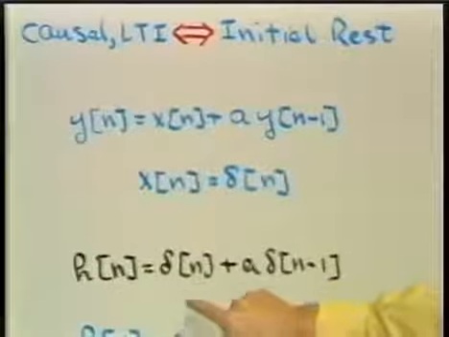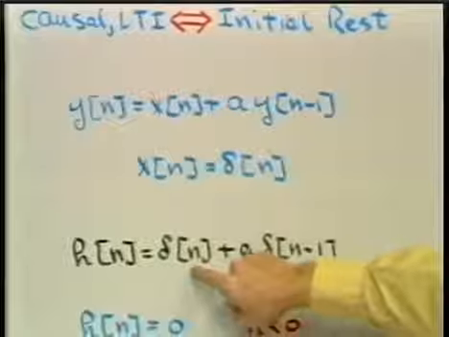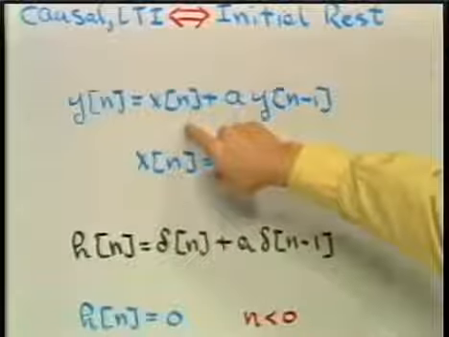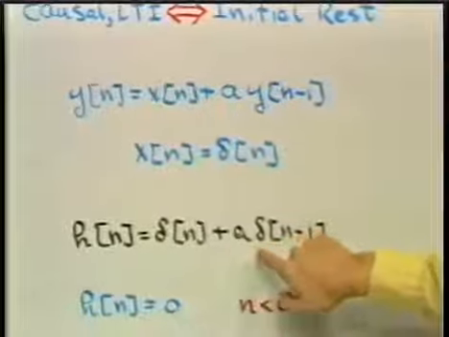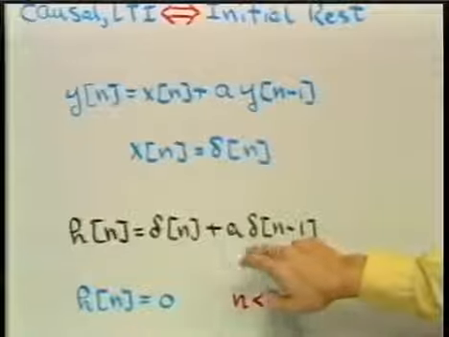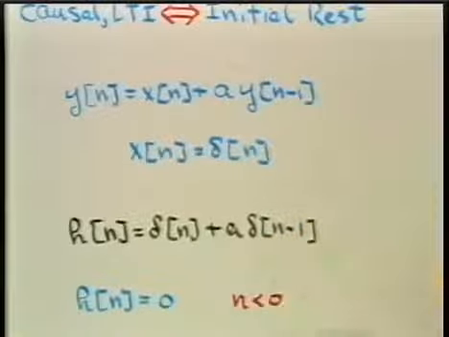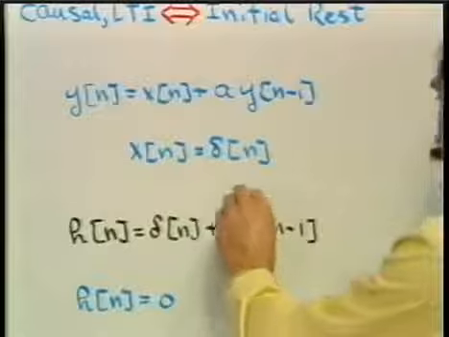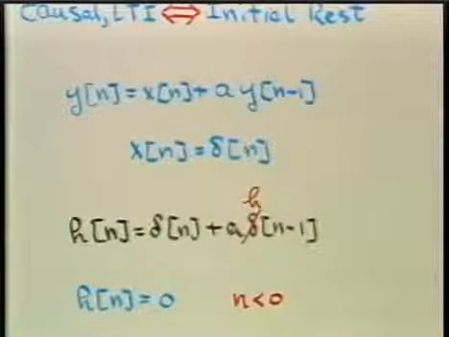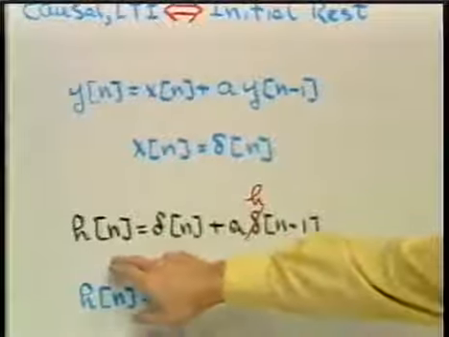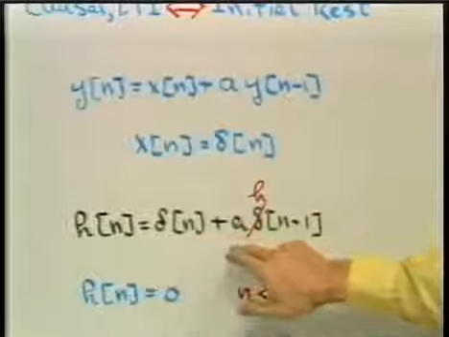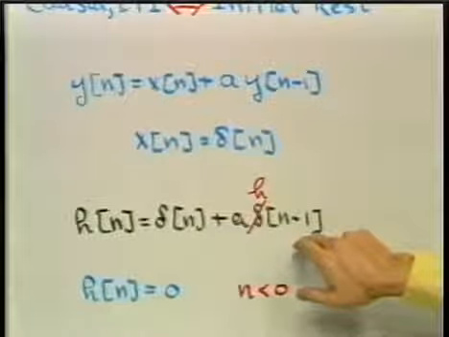So the impulse response is delta of n, corresponding to the x of n up here, plus a times h of n minus 1. This should be h of n minus 1, and let me just correct that. This is h of n minus 1. So we have the impulse response as delta of n plus a times h of n minus 1.